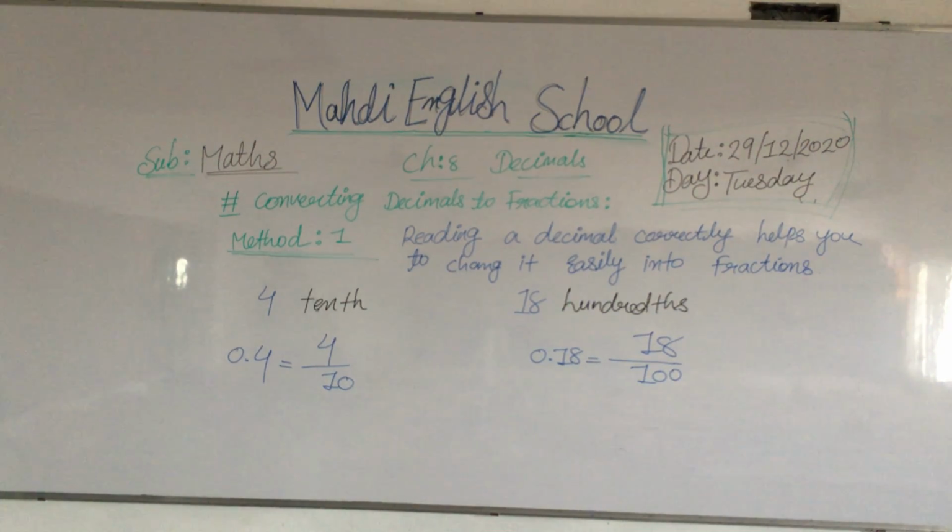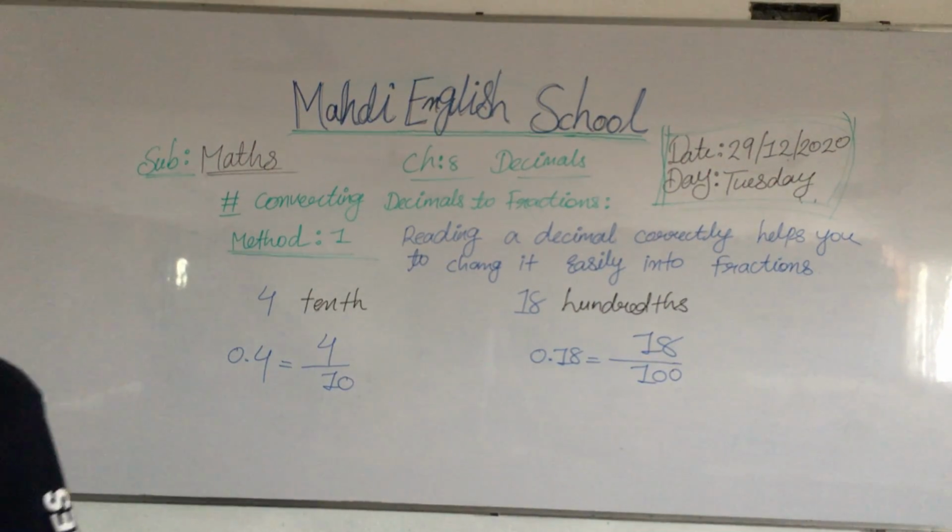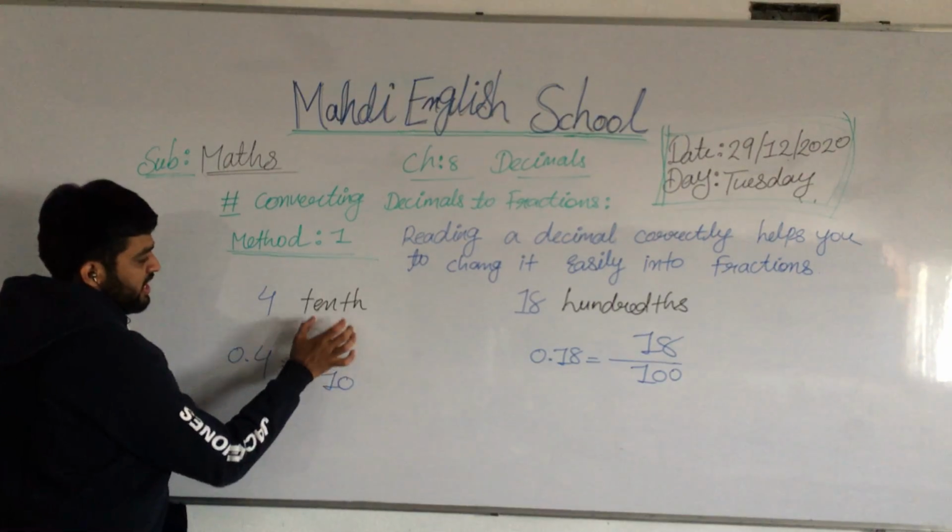Method number 1, no need to write the sentence 'reading a decimal' again. You have to write only the example. 4 tenths means 0.4 is equal to 4 upon 10. See this: 4 here and 10 here.